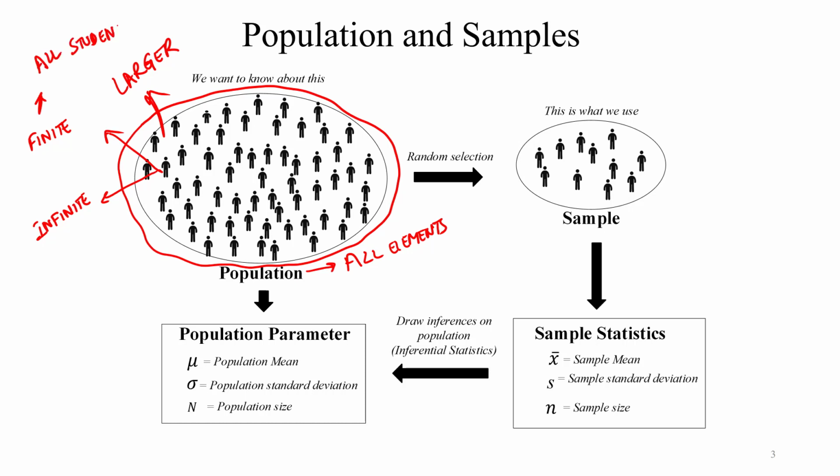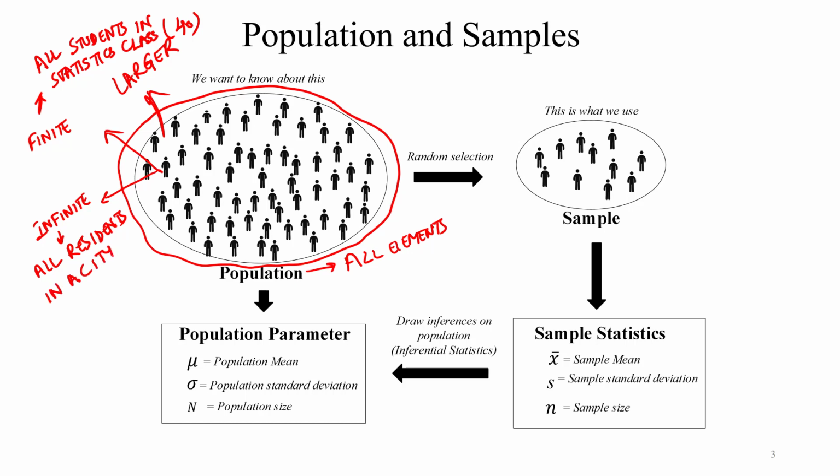So if we have 40 students in the statistics class, the population would be 40. An example of an infinite population would be all residents in a city.